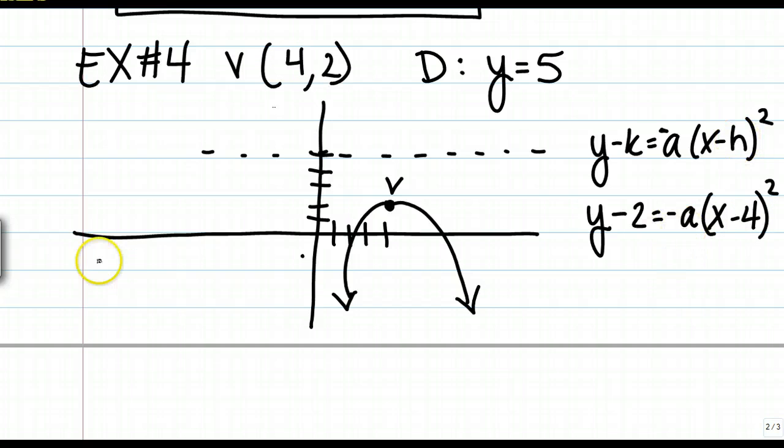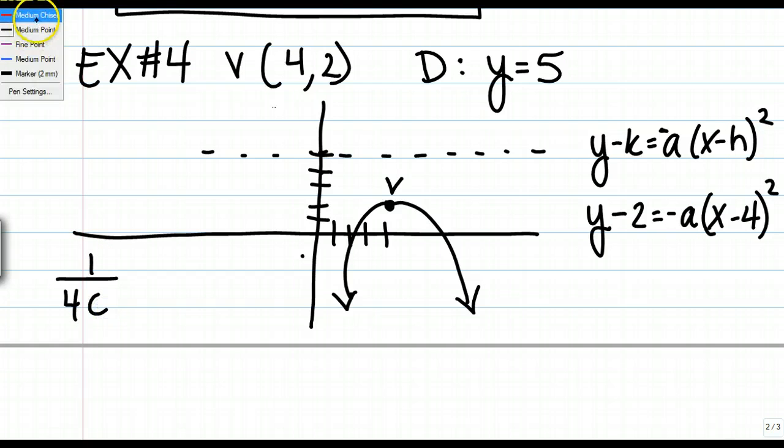So we just have to find a, and we know we have 1 over 4c to do that. And we know that c is the distance from here to here, and we don't have my focus point, so we have to use this c in order to find out what a is.